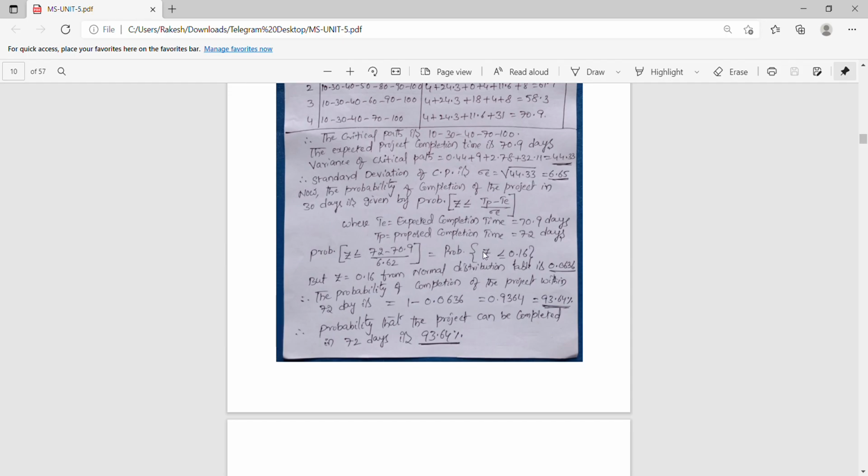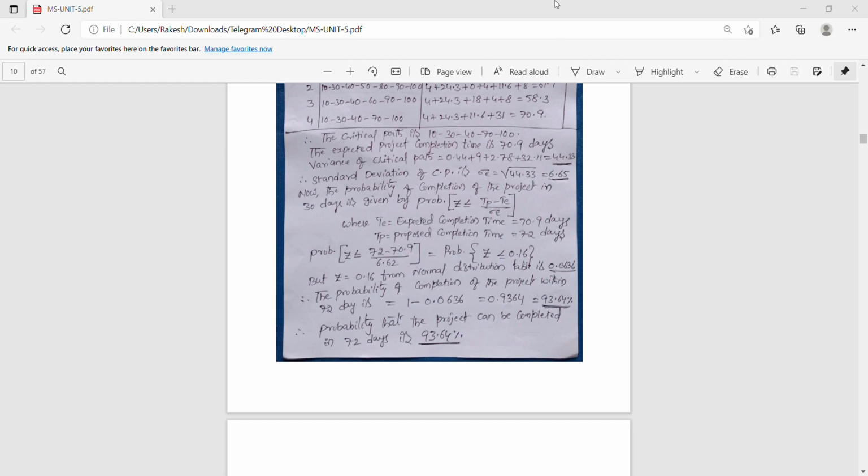Next, probability of Z is less than or equals to 0.16. How can you calculate the probability for Z less than or equals to 0.16? Here we use the distribution table.